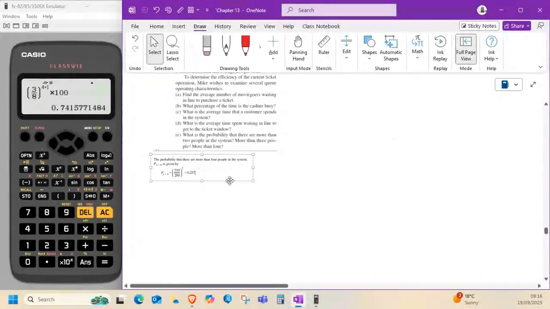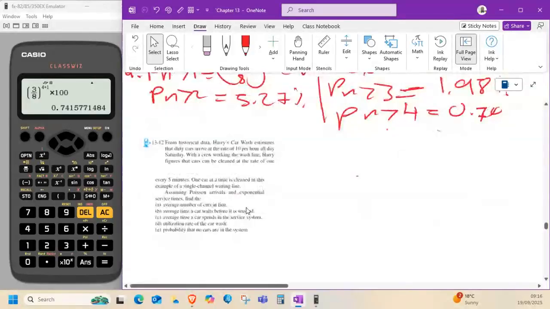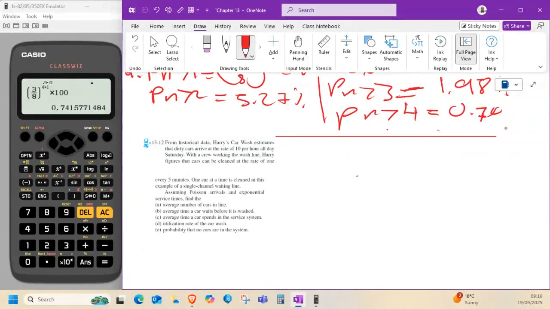We are given the statement. Right, I'll make a line here. That will divide my work.